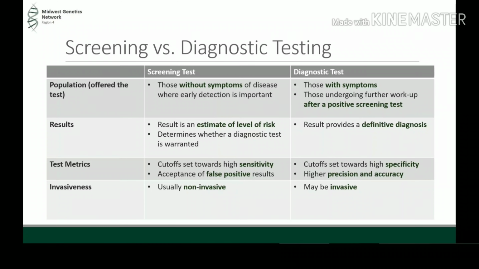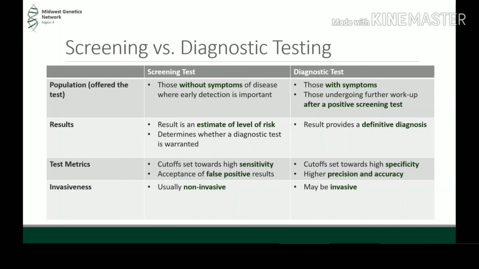So that means that a positive or abnormal screening result will indicate essentially whether a diagnostic test is subsequently needed. Because screening tests are trying to identify individuals at risk of a serious but treatable disorder, the focus is more on the sensitivity of the test.